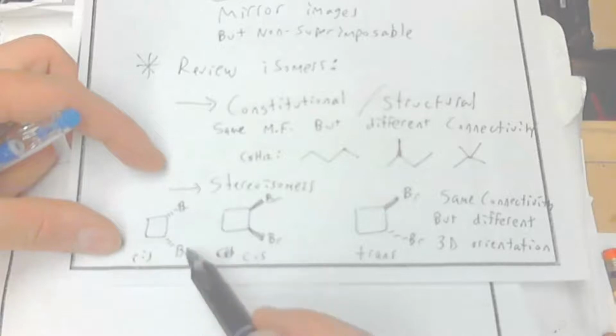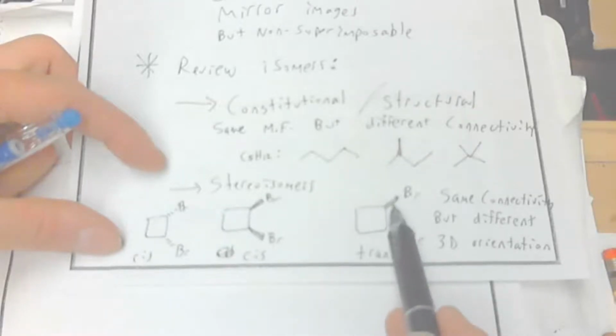These are both cis because the things are in the same relative orientation. I could also draw a trans one with dashes on top and a wedge on the bottom, and that would also be trans. There are two ways I can draw cis and two ways I can draw trans. Cis means same orientation, trans means opposite. That's all it means.